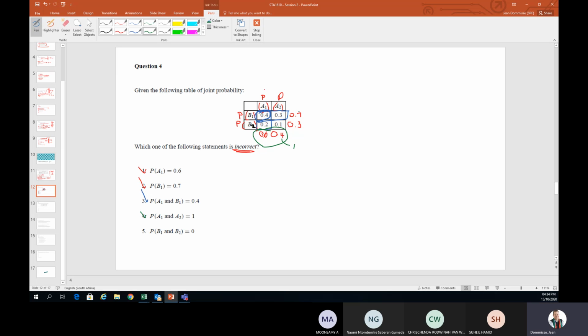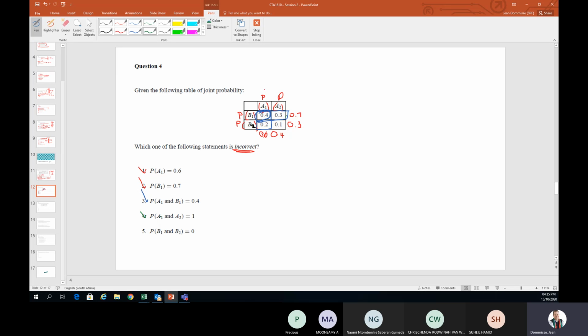Probability of B1 and B2, wait. Okay, sorry. I am reading it wrong, and how easily one can make a mistake. So that is definitely not right.